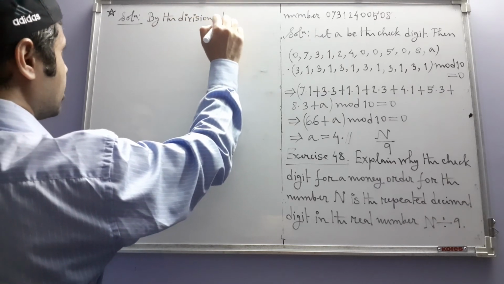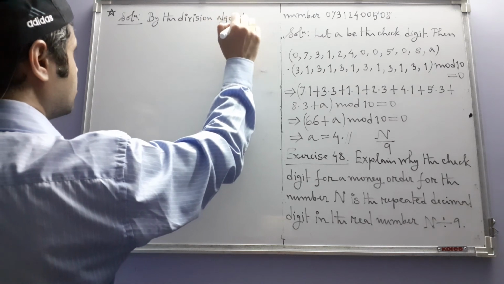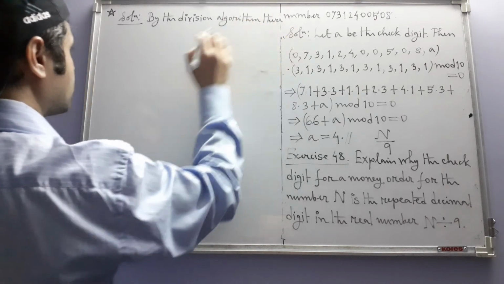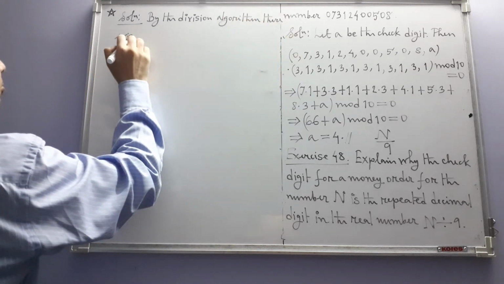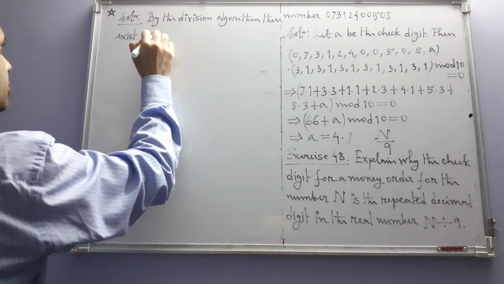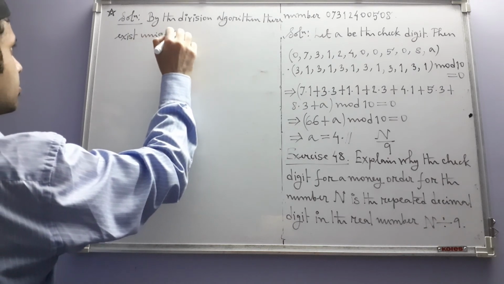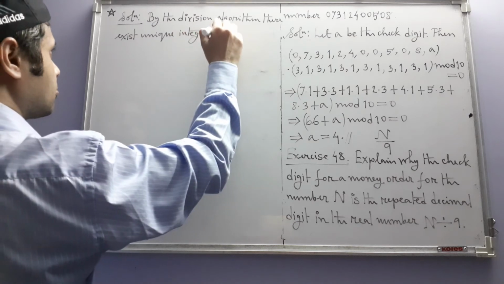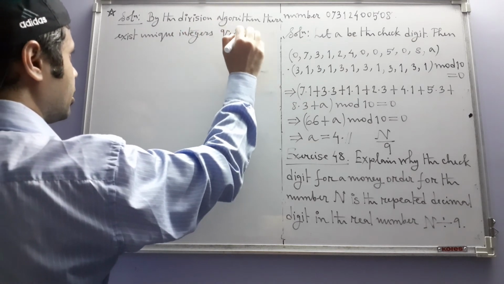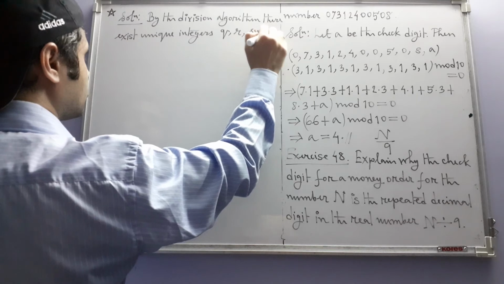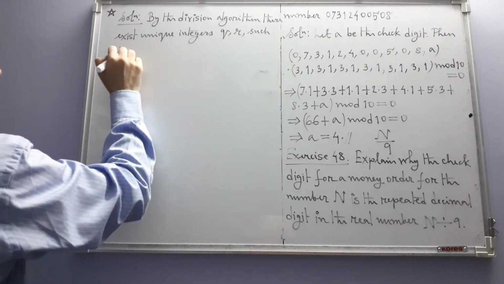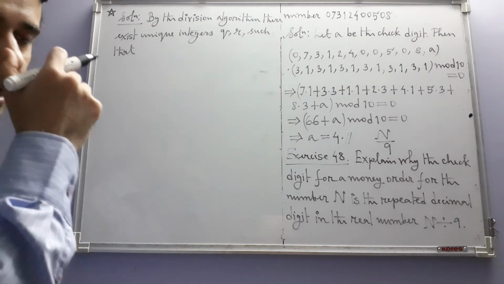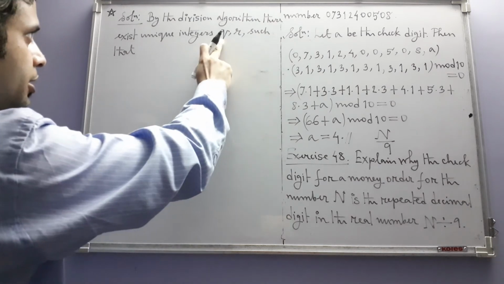By the division algorithm, there exist unique integers Q and R such that, so that means if we divide N by 9, we will have a quotient and a remainder.